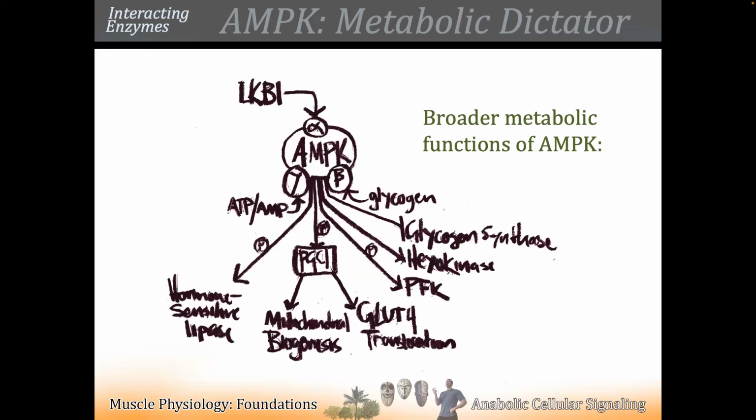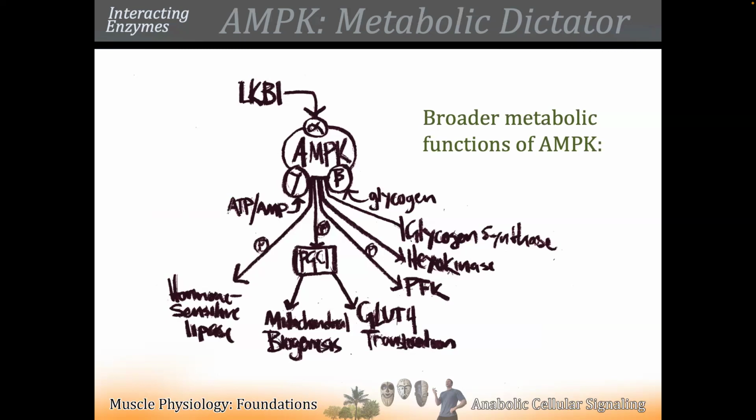This is my sloppy drawing of everything I want you to pay attention to. It's stimulating fat catabolism and mitochondrial biogenesis, GLUT4 translocation. So that's like, let's get sugar into the cell. And then it's turning off glycogen synthase, so you don't make new complex carbs out of that sugar that gets moved into the cell, and it turns on hexokinase and phosphofructokinase.